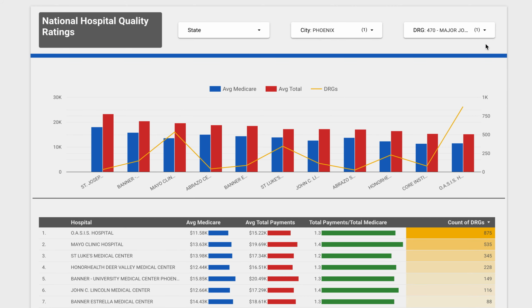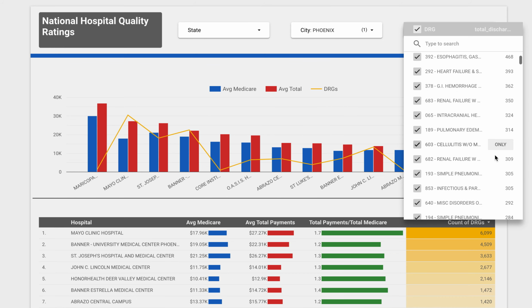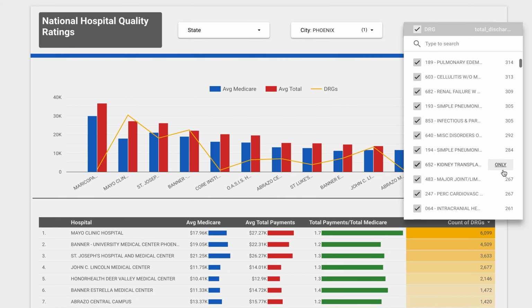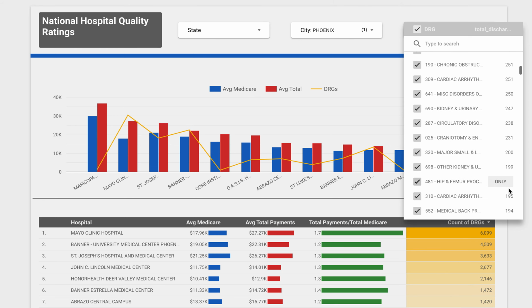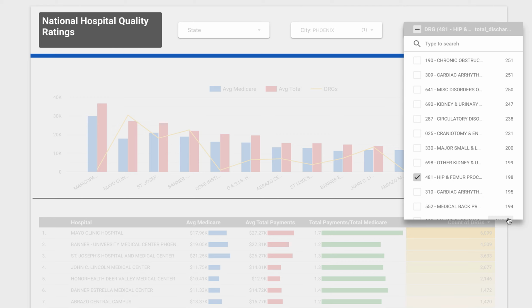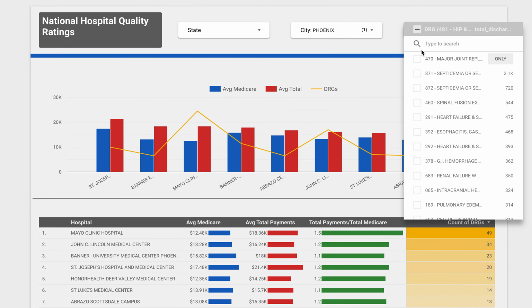So it's interesting. You can look at a high level, or you can drill down and see a specific one. If you want to look at hip and femur, there are going to be fewer here, but you get a sense of both price and quality.